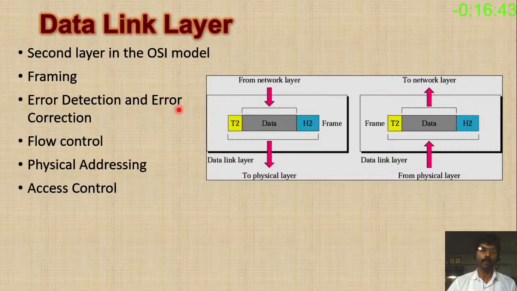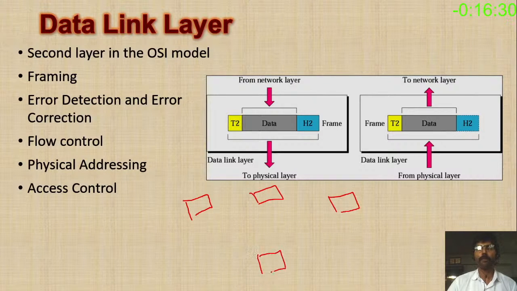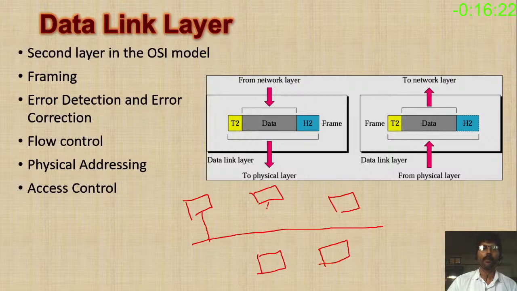For example, see, there are many computers here, many computers like this way. Here they are actually connected by a single line like this way. This was just an example.